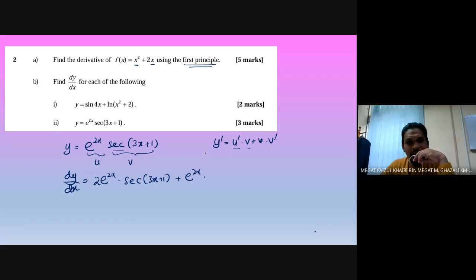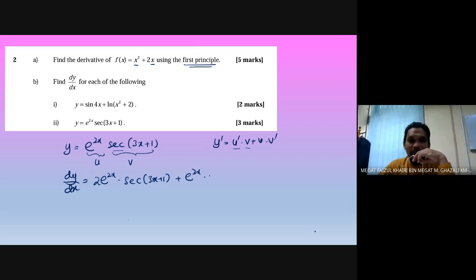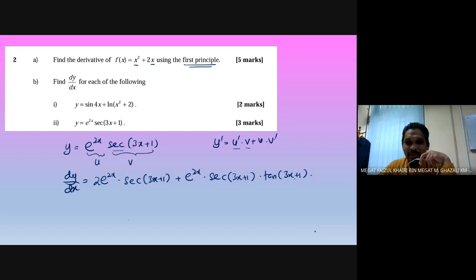Secant 3x plus 1 tangent 3x plus 1. Is that all? Not yet. What else? Times the thing inside. Times derivative of 3x plus 1, which is equal to 3.